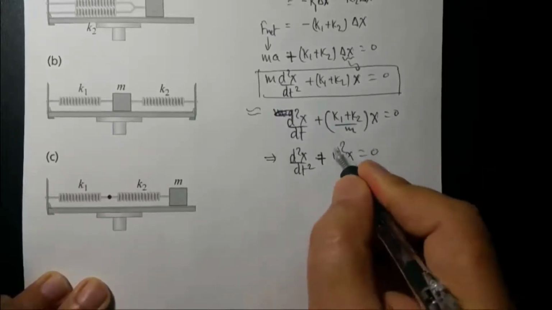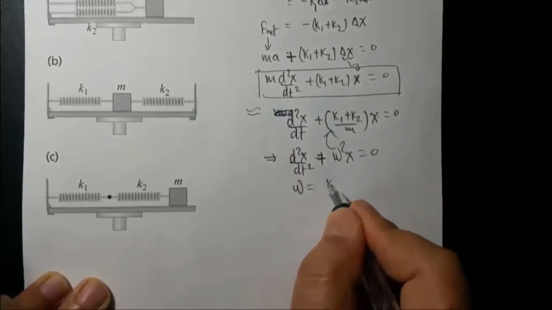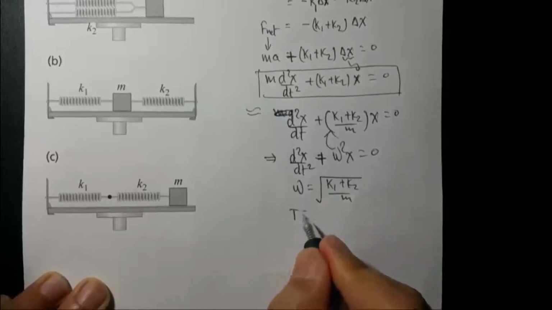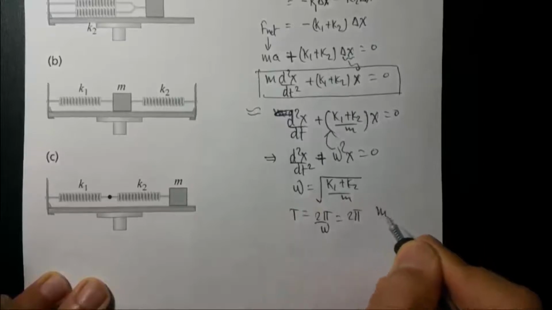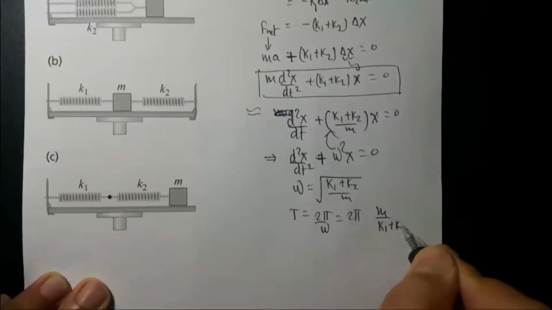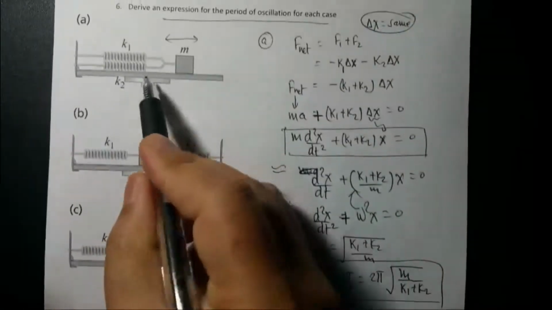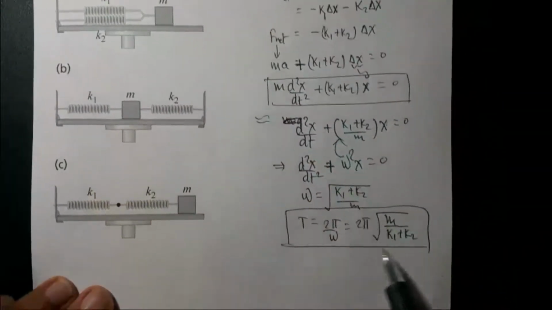Your omega, which has to do with the period, will be the square root of k1 plus k2 over m. And then what will be the time period? 2 pi over omega. So 2 pi times the square root of m over k1 plus k2, flipped. That's the period formula for the first situation. If the numbers are given, you can right away find the time period. So that's how you do it.